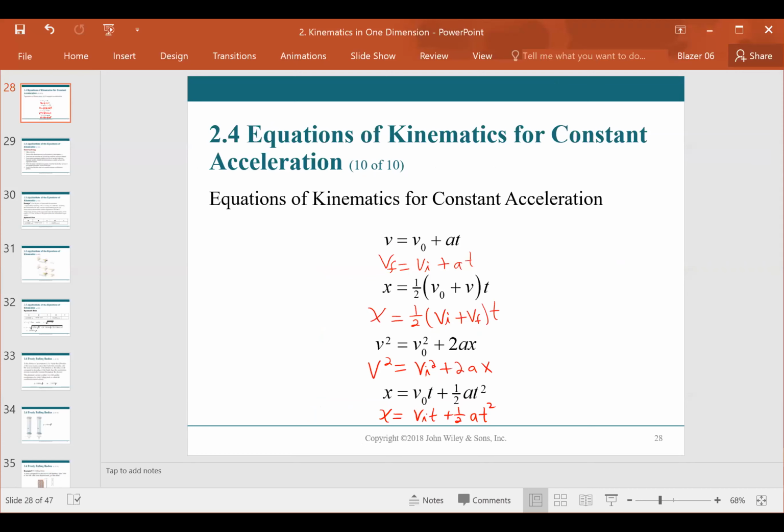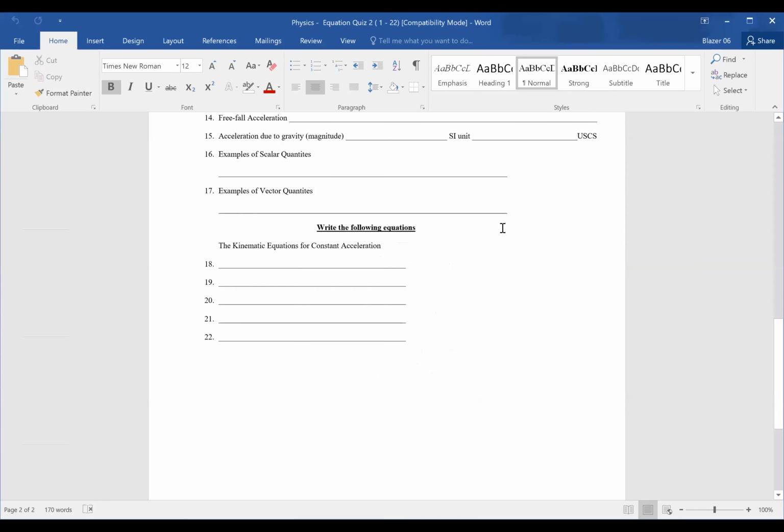Okay, give me 1 minute, class. My information is not coming up. Okay, a new share. Okay, do you see this page with the write the following equations? Do you all see these?